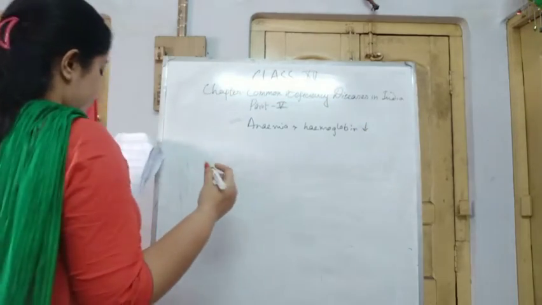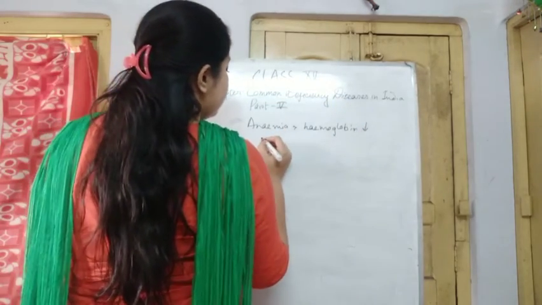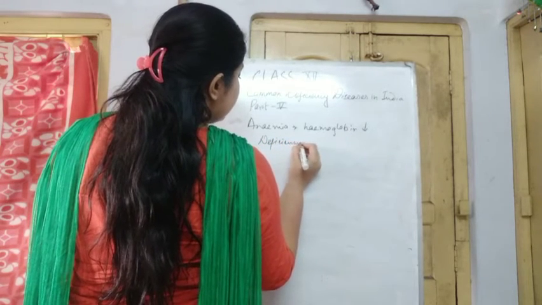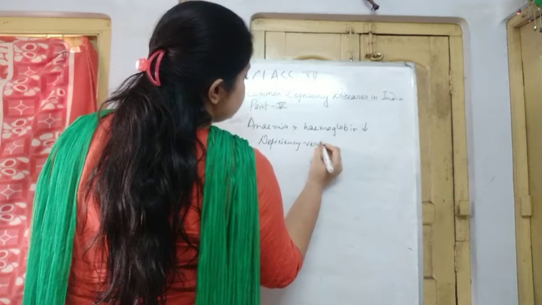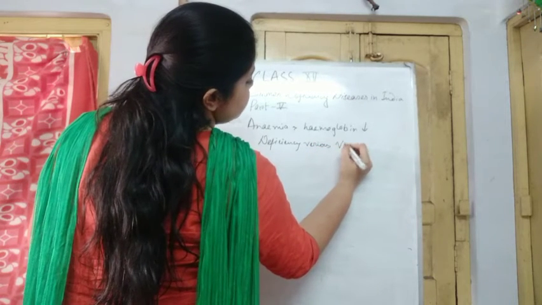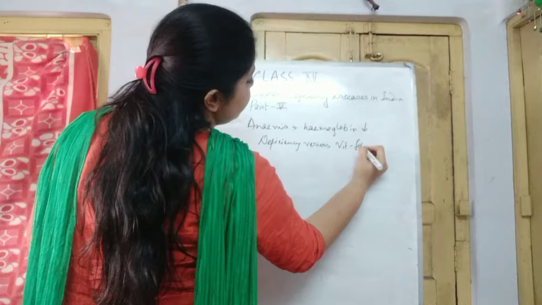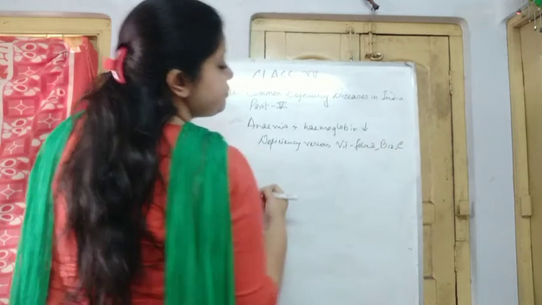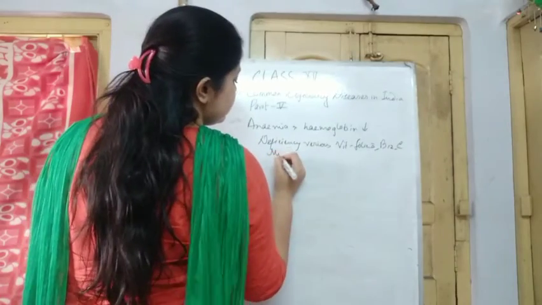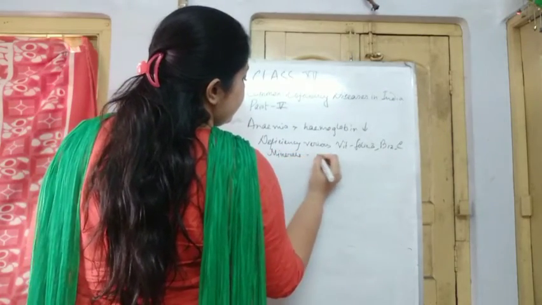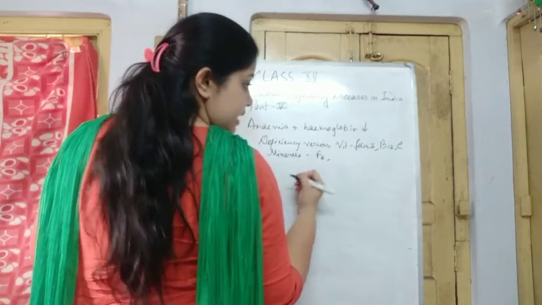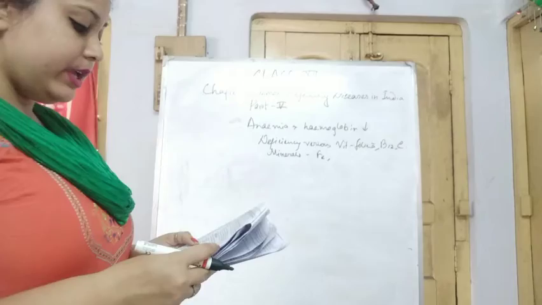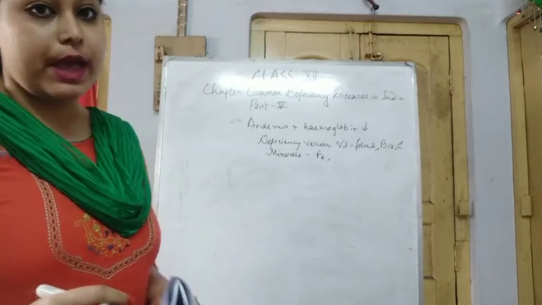The causes of it are the deficiency of various vitamins like folic acid, B12, C, and also minerals like iron. Iron deficiency anemia is very common. Okay, so now I'm going to the classifications of the anemia.